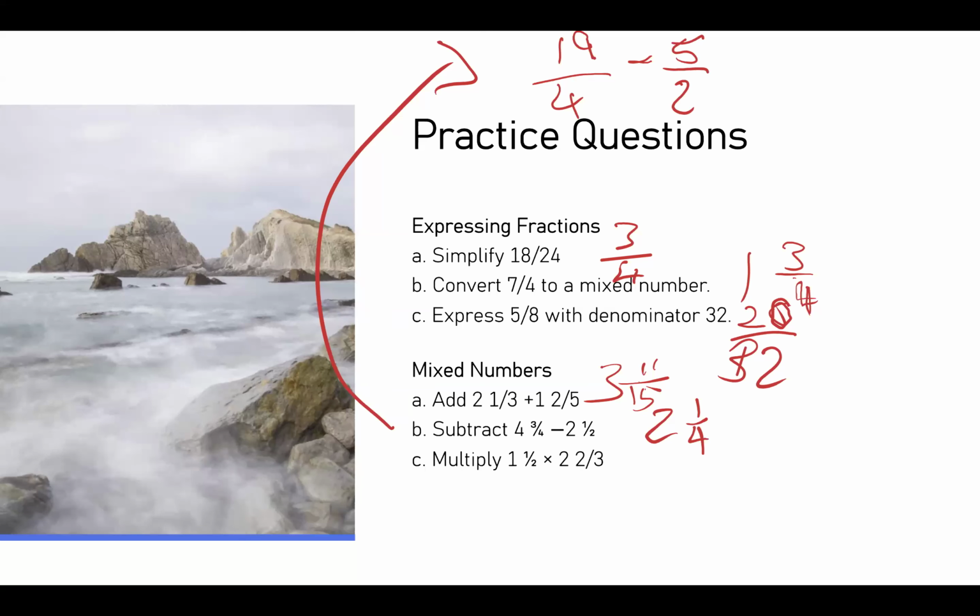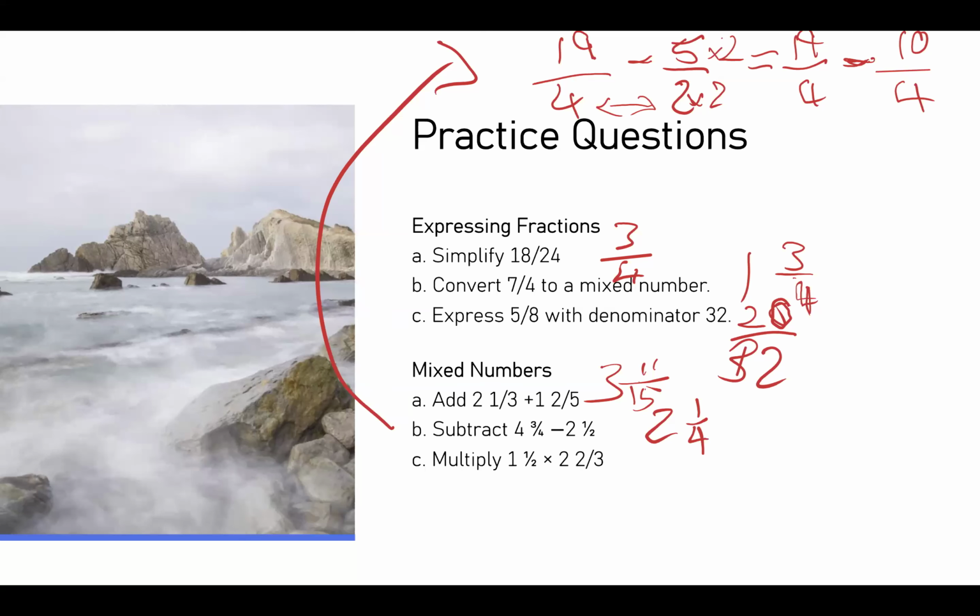Again, we need to make these the same. So all we do is multiply this whole by 2 to make them the same. So it'd be 19/4 take away 10/4.